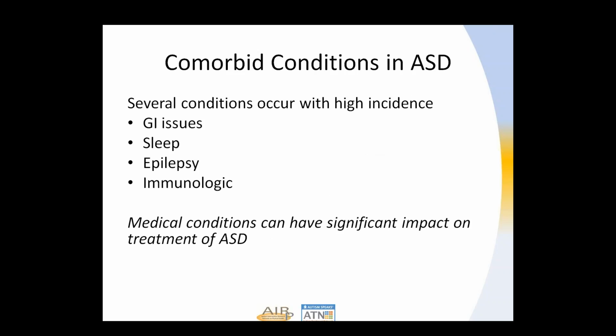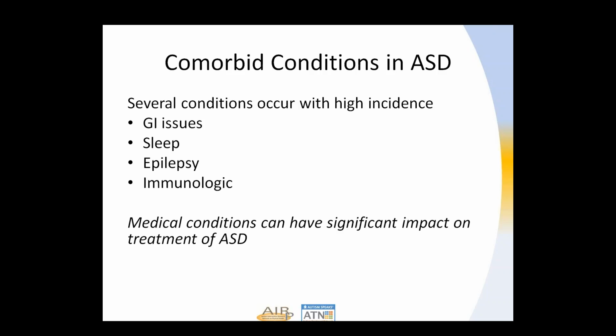So the issue of comorbid conditions in autism spectrum disorders has been discussed for the last couple of decades. There have been reports that several medical conditions seem to occur with a high incidence in people with autism. The conditions that are most commonly described are GI issues, sleep disorders, epilepsy and seizure disorders, and immunologic problems.